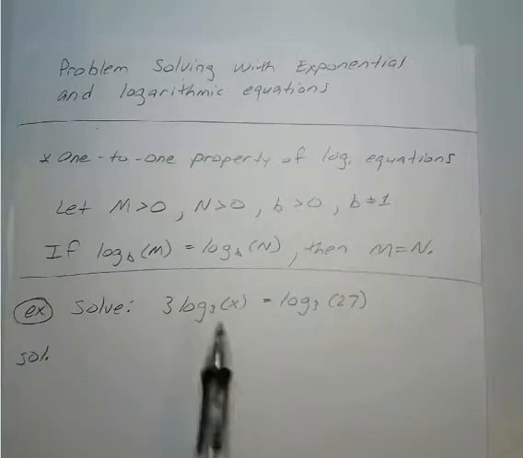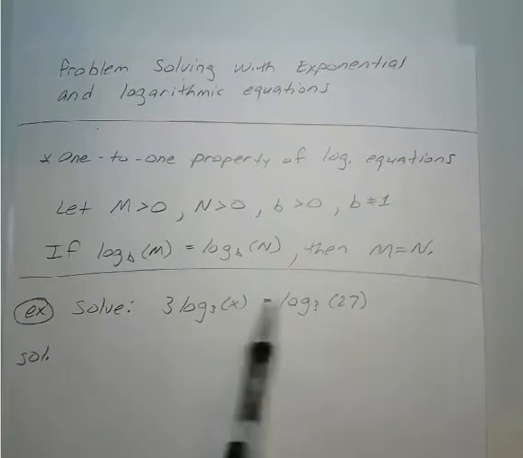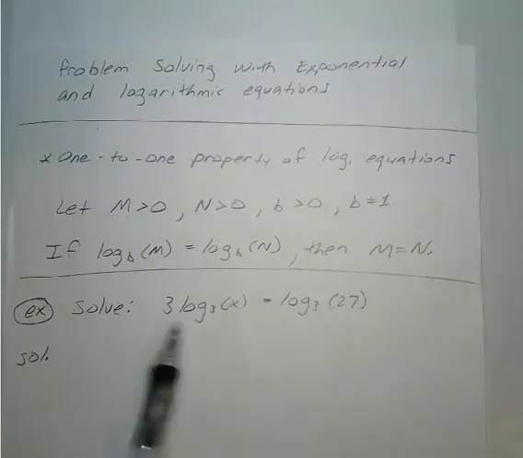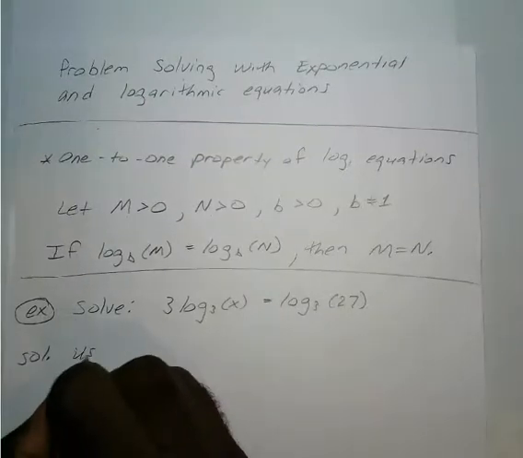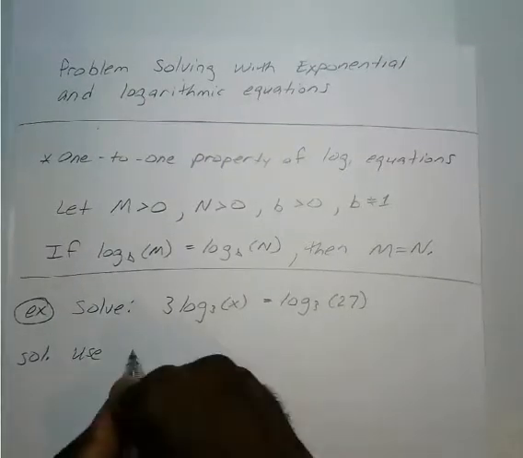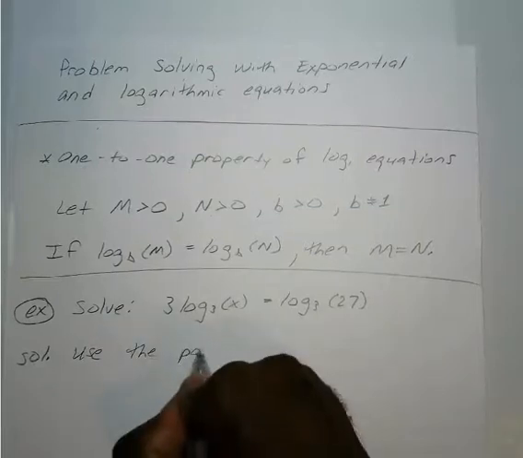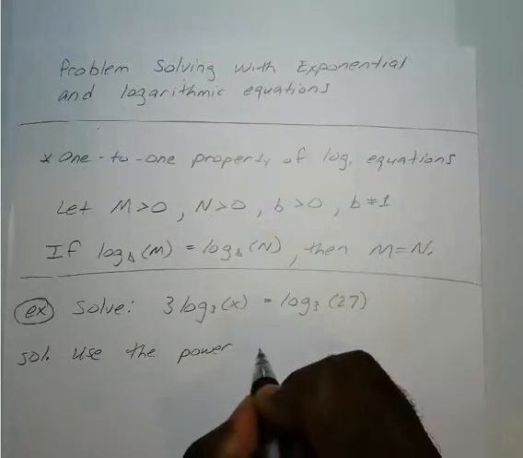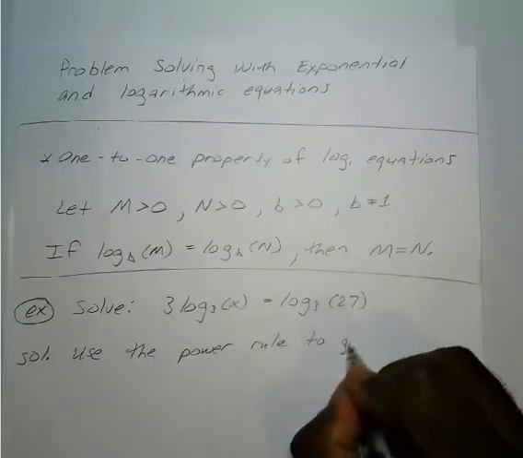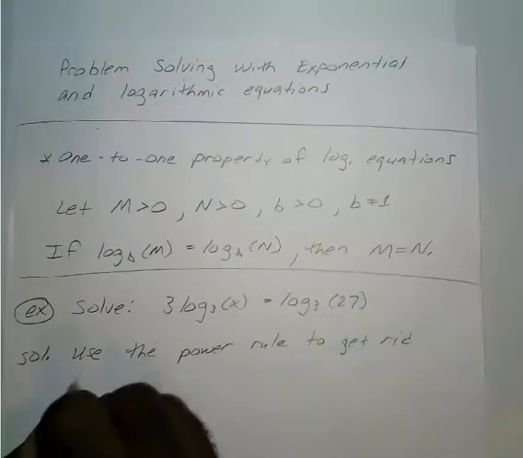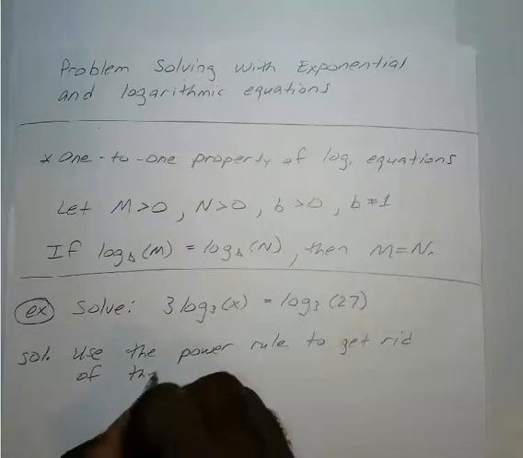Now we can't use the one-to-one property because you have that coefficient there. So the first thing we want to do is use the power rule of logarithms to get rid of the coefficient.